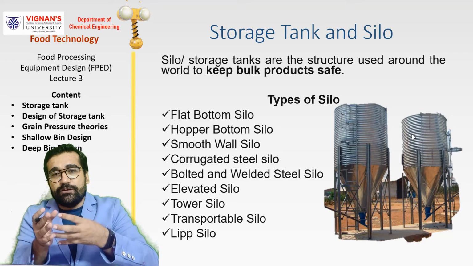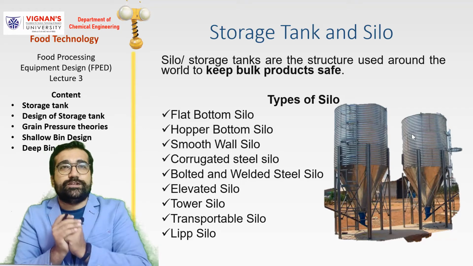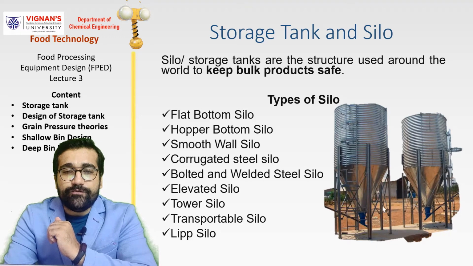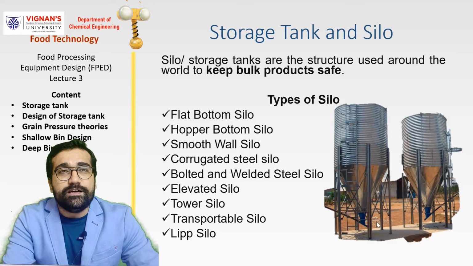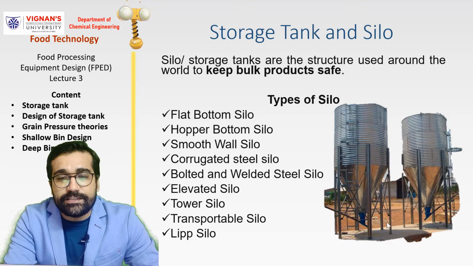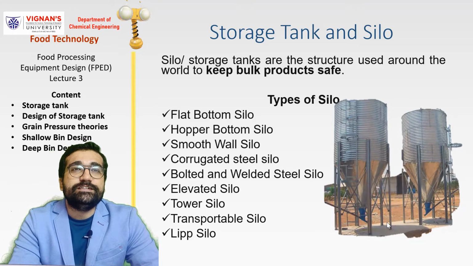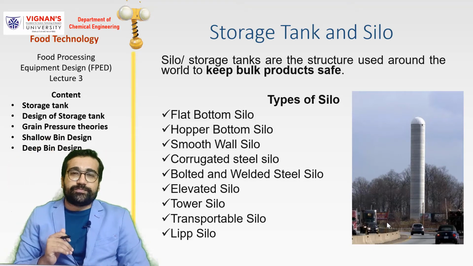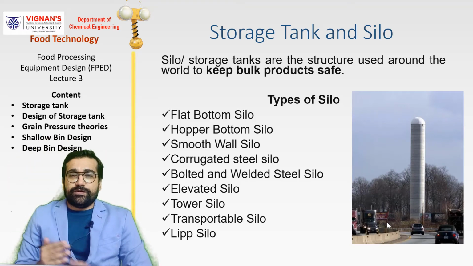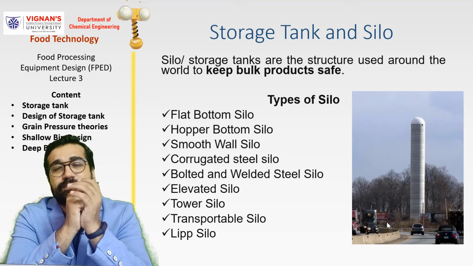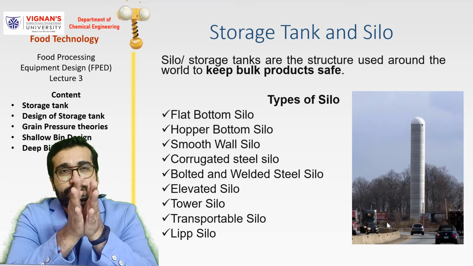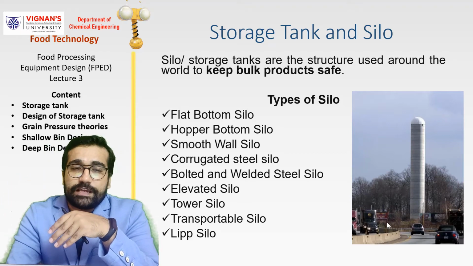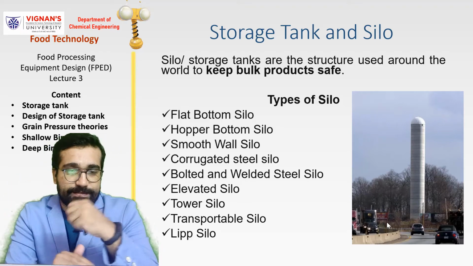These types of silos are used mostly in grain storage, with a hopper bottom elevated from the ground level, as we can see in this picture. The next one is the tower silo. Tower silos are very long in shape and very big in size. You can see how much bigger a tower silo is than the car.